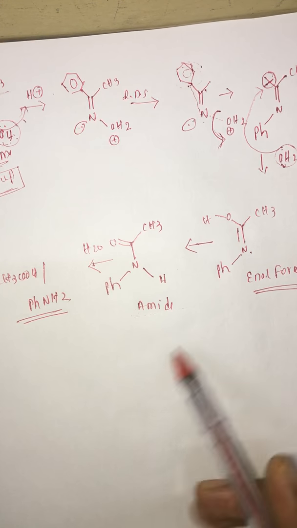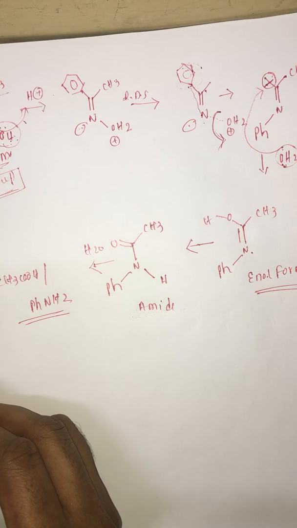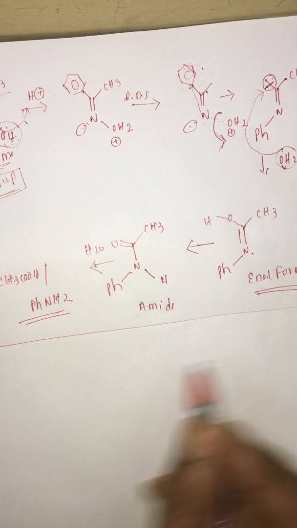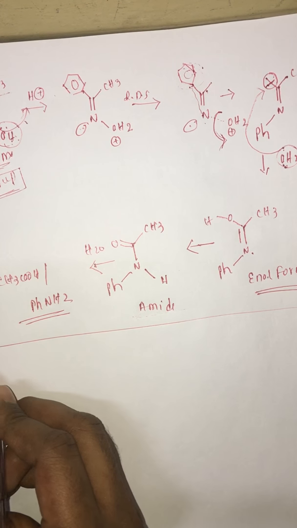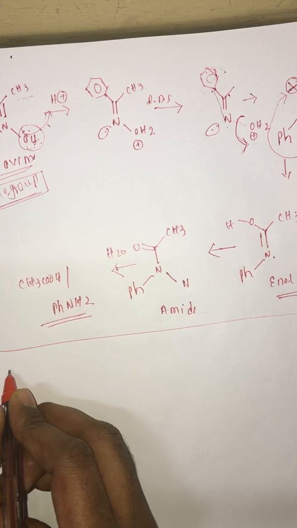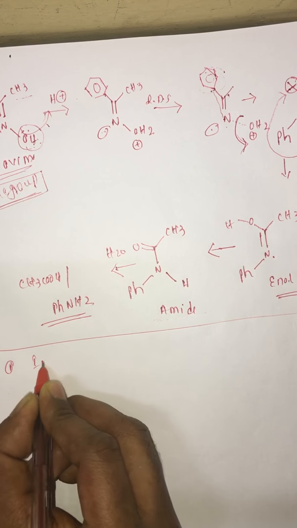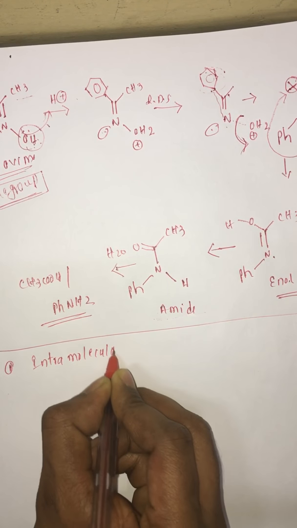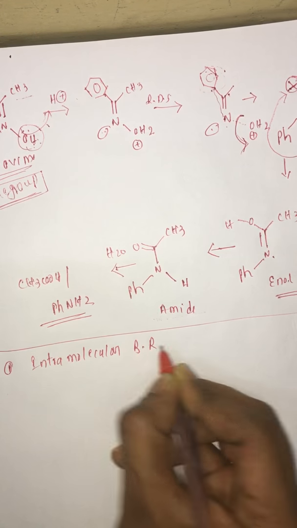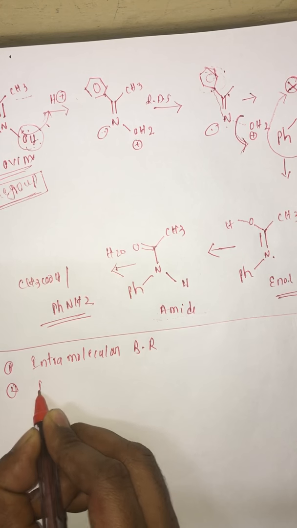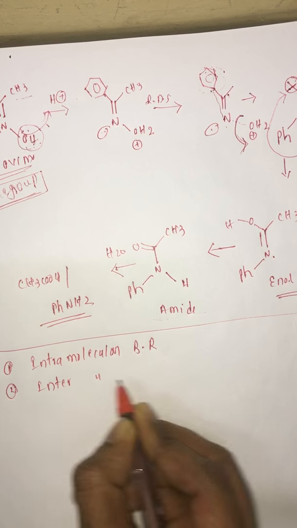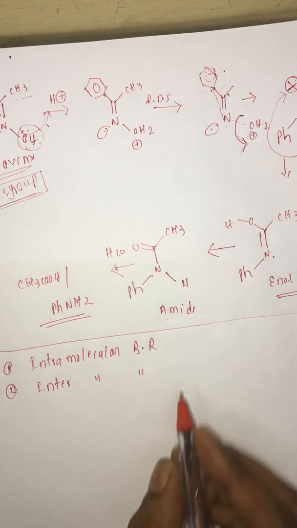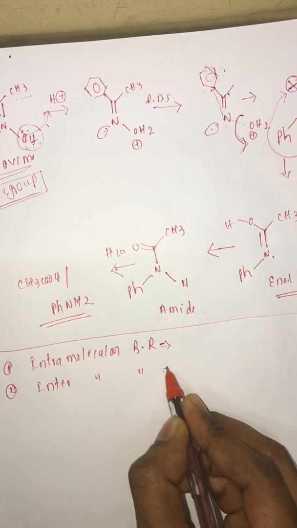Okay, and next, we have two kinds of Beckmann rearrangement. The first one is intramolecular Beckmann rearrangement, and the second one is intermolecular Beckmann rearrangement. So what is the difference between these two?